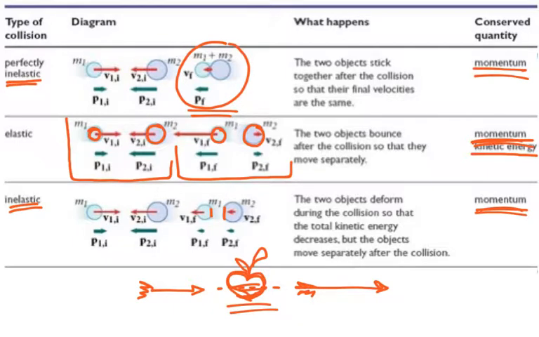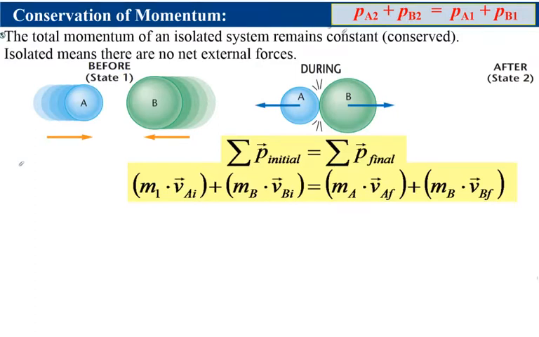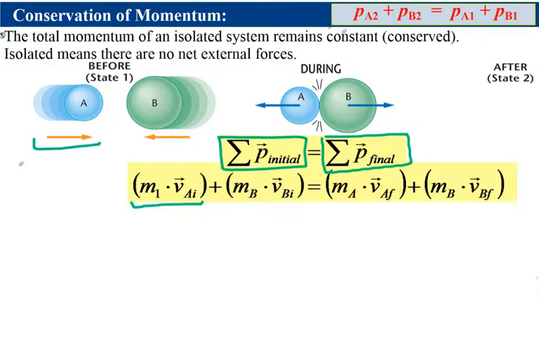And what does conserved mean? Let's look at the formulas to understand. When we say momentum is conserved, we mean that the momentum before, the initial momentum, is equal to the momentum after the collision. So if you had mass 1 with its velocity, it has a momentum, because momentum is mass times velocity.